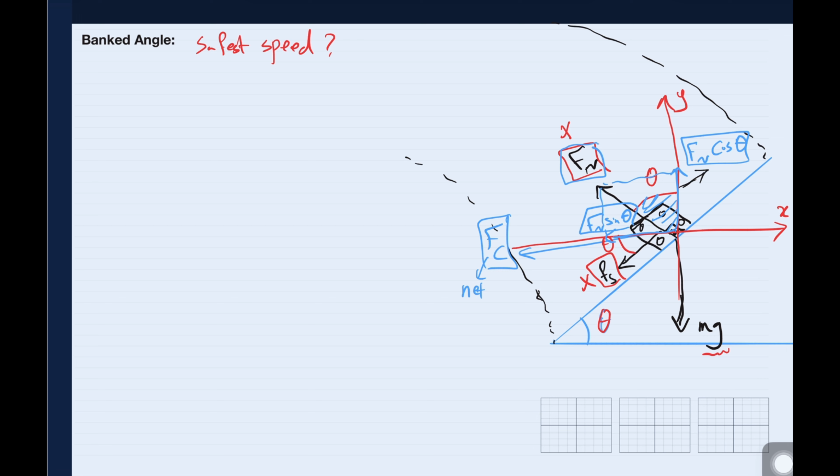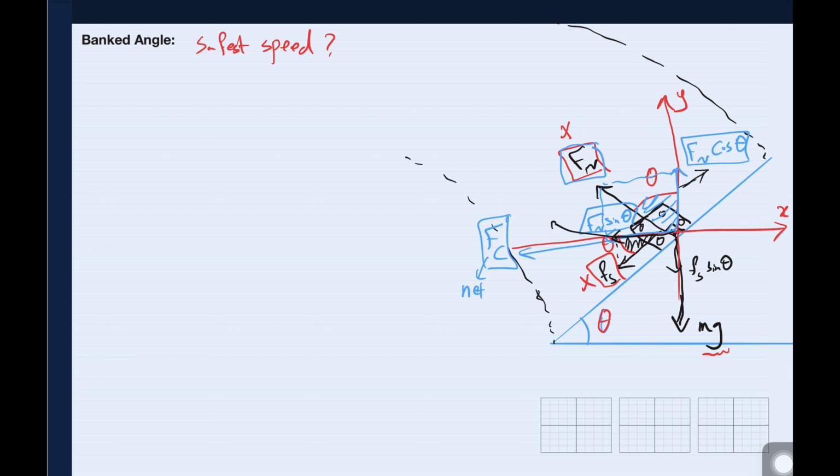And also for Fs, I'm going to use another color. For Fs, I have this angle here. If I want to break this down, I'm going to have this much and this much. This is going to be Fs sine theta. Why? Because this is the opposite length.